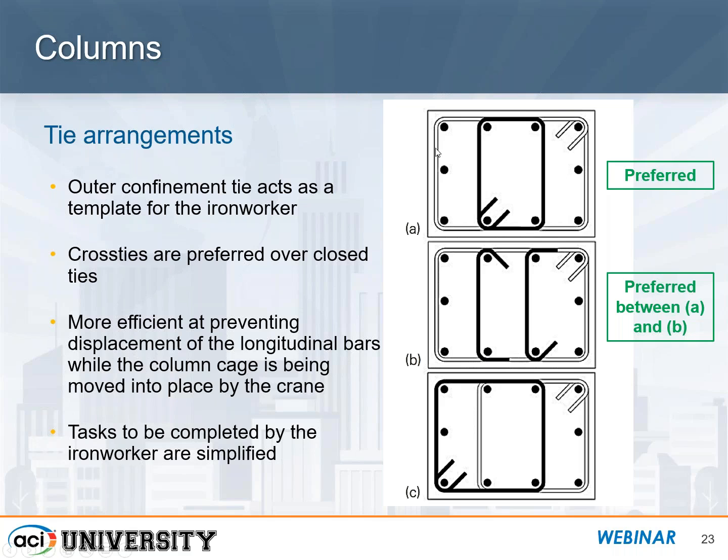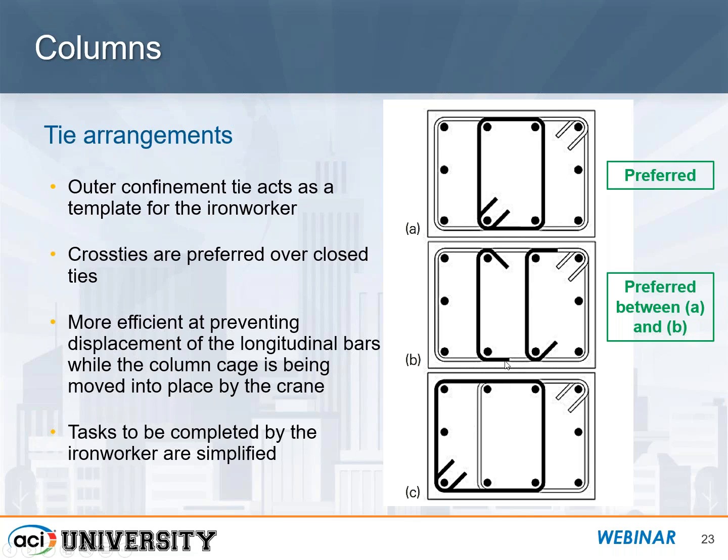The main thing of having these is just to ensure that the longitudinal steel doesn't buckle and everything works together as a unit. So it's certainly achieved this way. Now, you could probably tell just by looking at it, this may give you a little bit more performance in terms of confinement, but if you don't need it, there's no reason to provide it because this one is going to be a lot easier to construct.